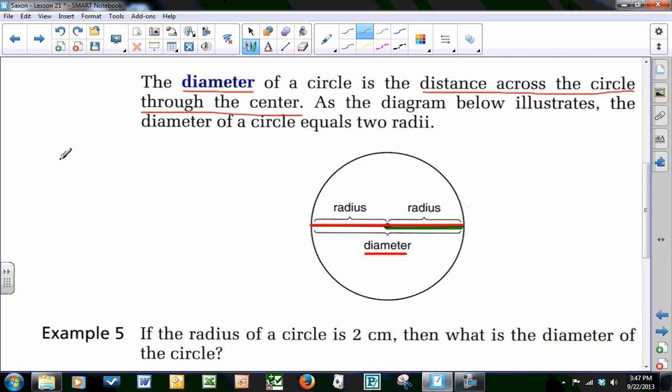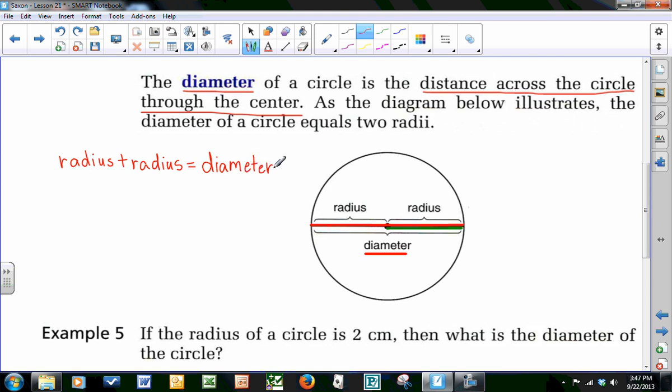It takes a radius, which is like half the circle, plus the other radius, that equals the diameter from side to side.